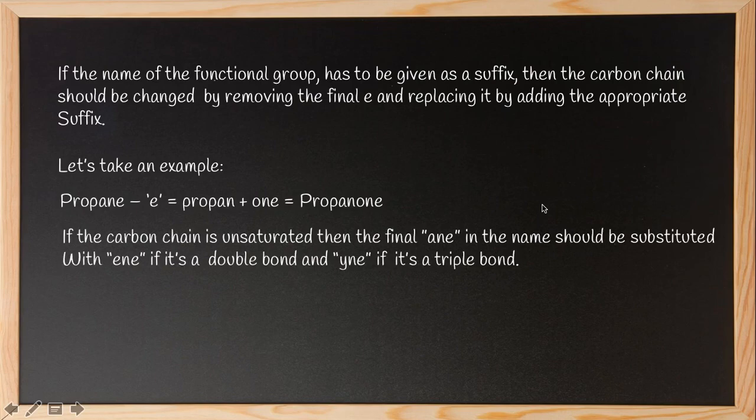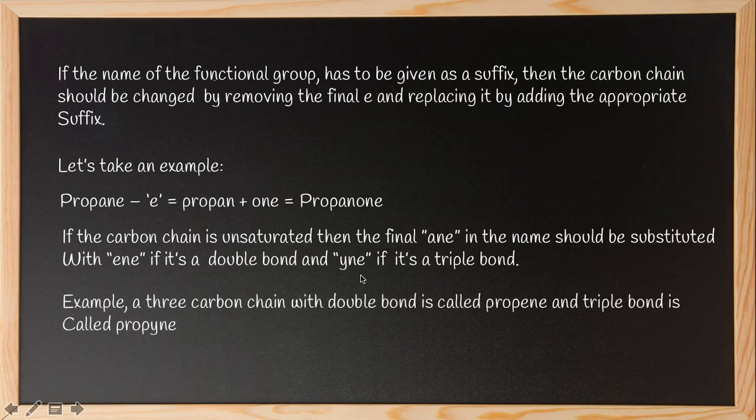If the carbon chain is unsaturated, then the final ane in the name should be substituted with ene. Why? Because it's an alkene, there's a double bond. And if there is a triple bond, you have to replace it with yne because it's an alkyne. Example, a 3 carbon chain with a double bond is called propene because 3 carbons is prop, and the double bond makes it ene.